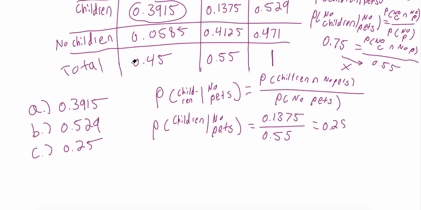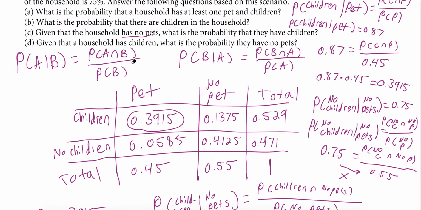Okay, let's look at example D. If we scroll up here, it says, given that a household has children, what is the probability that they have no pets? So how does that differ from C? Well, in C, it says, given that a household has no pets, but in D, given that a household has children. So when I said there's two different formulas, that's what I meant.